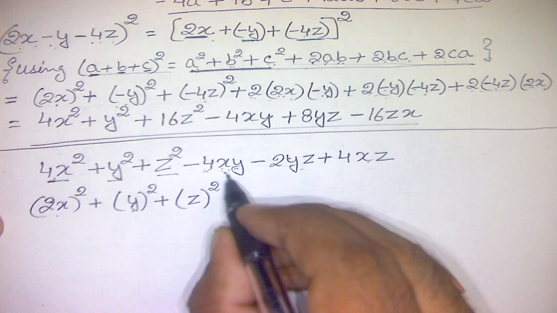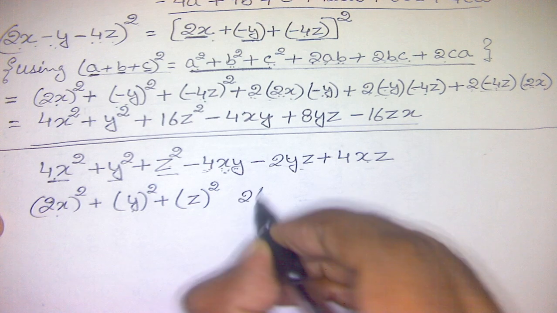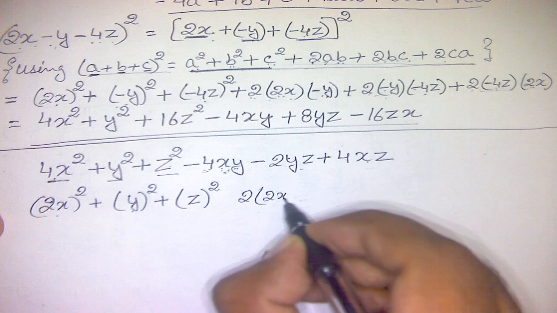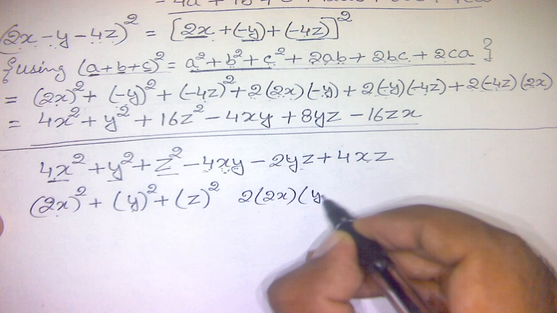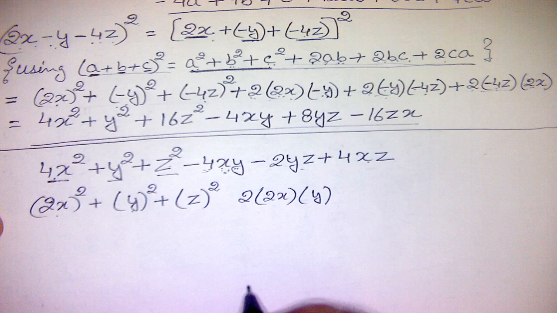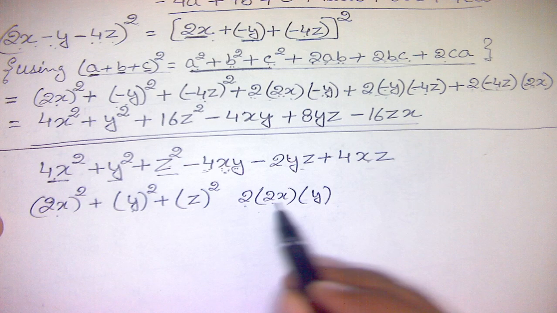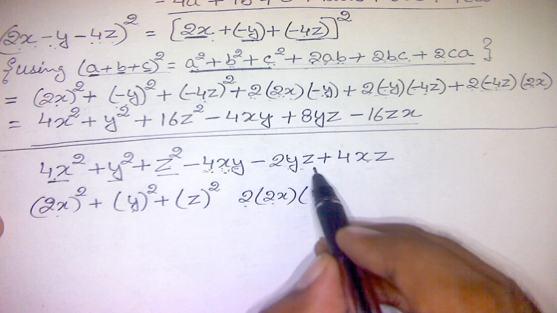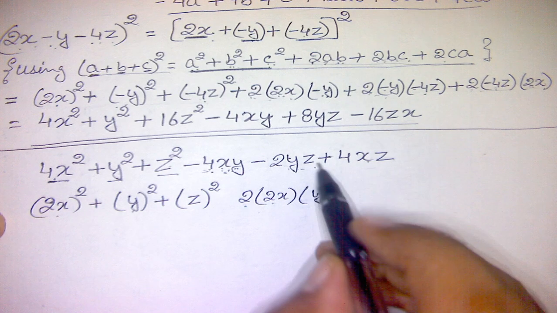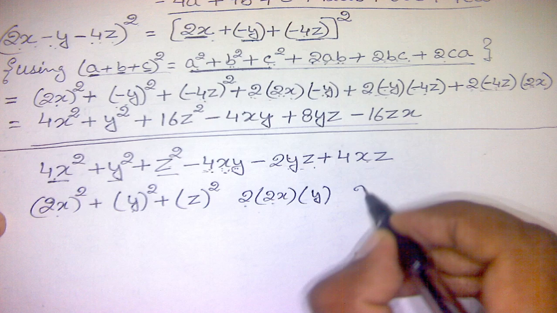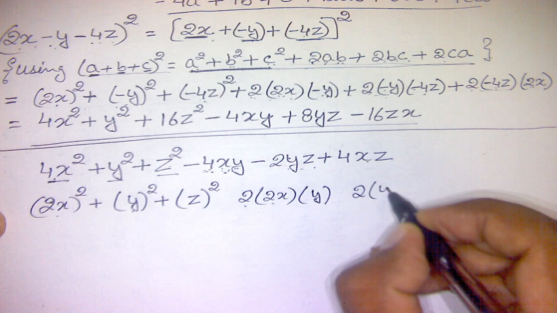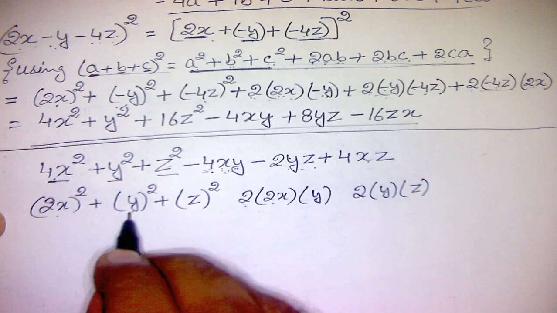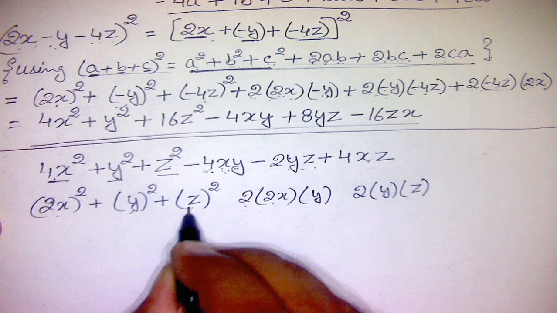So you can write 4xy as 2 multiply 2x multiply y, because 2 into 2x into y gives you 4xy. Then 2yz is twice the product of y and z.